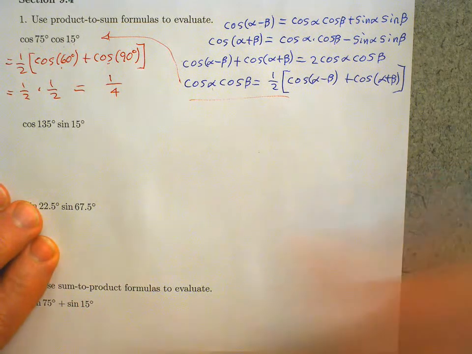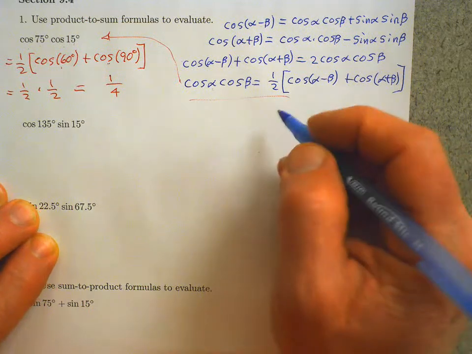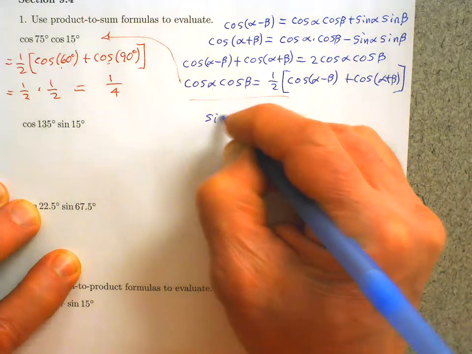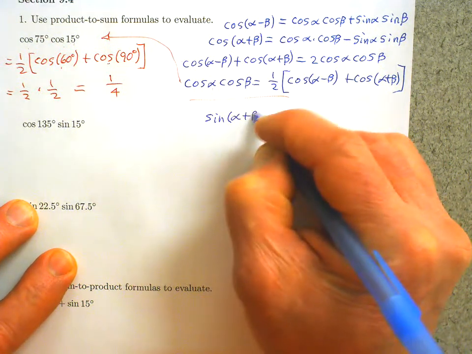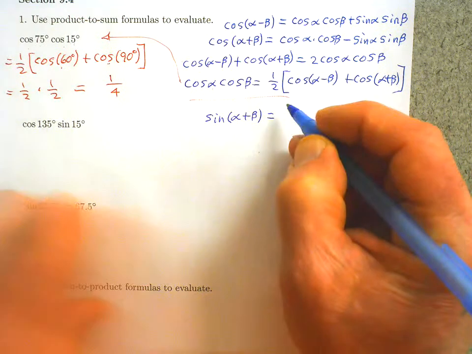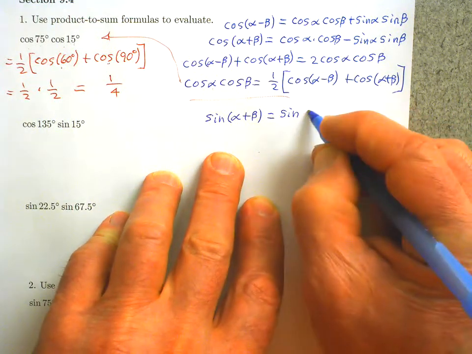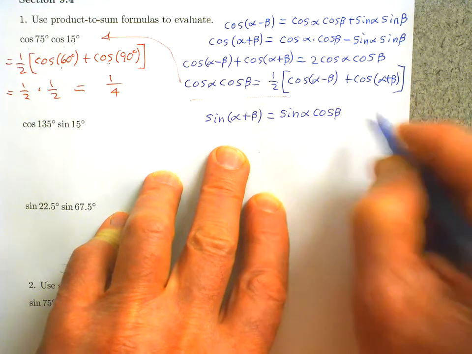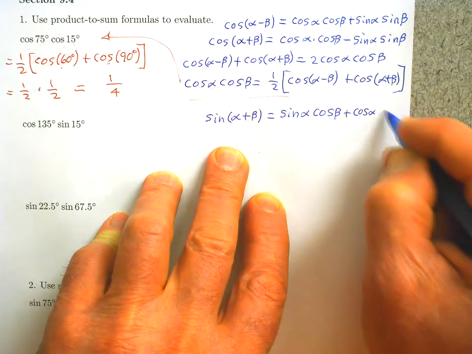Well, when do we see cosine of an angle times sine of an angle? That occurs when we have sine of alpha plus beta. So sine of alpha plus beta is sine of alpha times cosine of beta plus cosine of alpha times sine of beta.